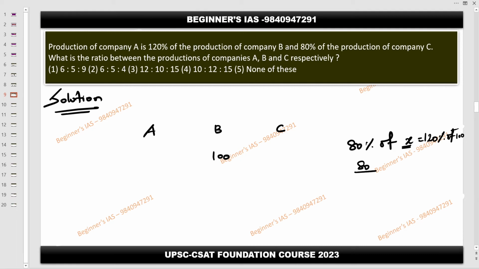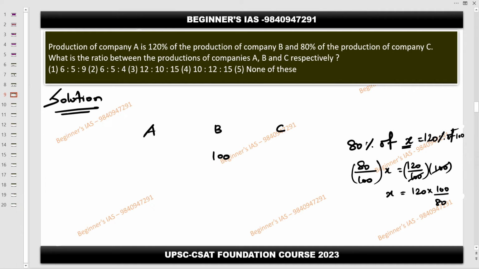Then 80 by 100 into X is equal to 120 by 100 into 100, then 100 cancels, then X is equal to 120 into 100 by 80.